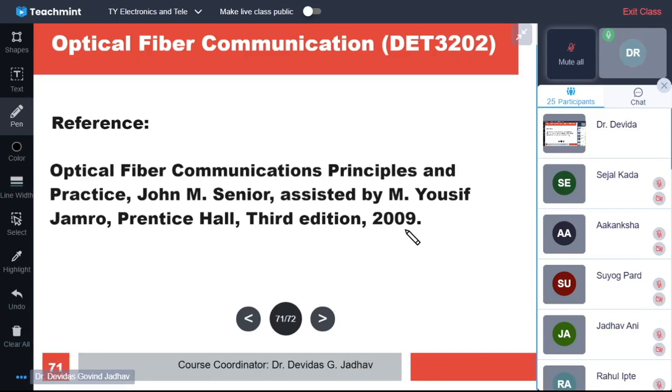This book is referred for preparing these slides, for preparing the question solving, the problem solving. Okay.